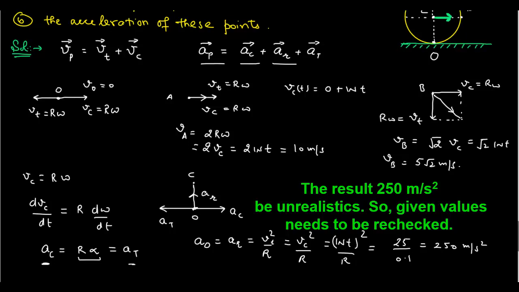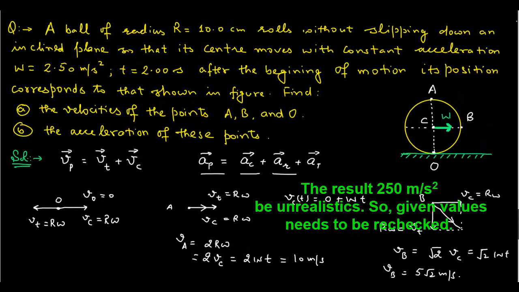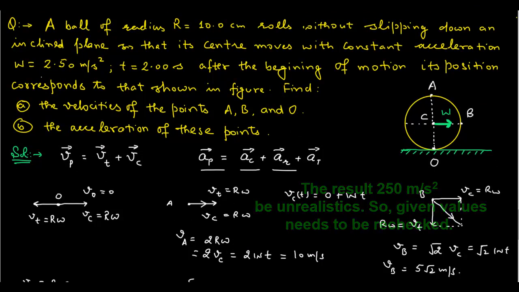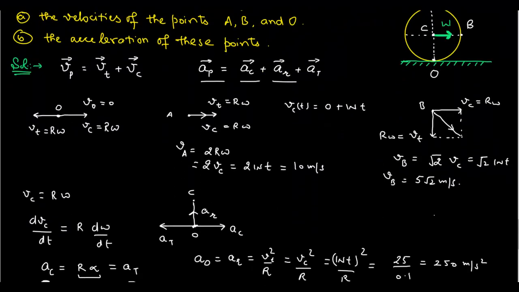Clear? Let me check. Okay, here W is 2.50 meter per second square. Actually it is given in centimeter per second square, so you will use the results accordingly.